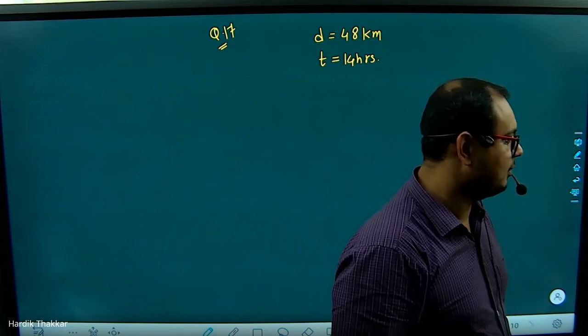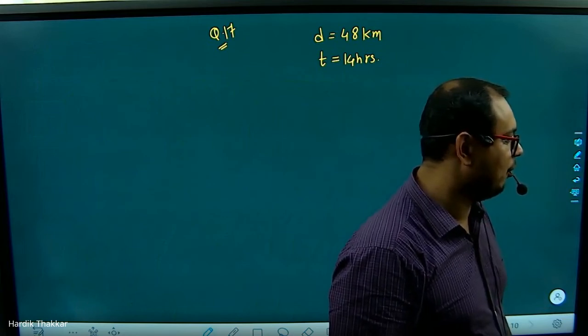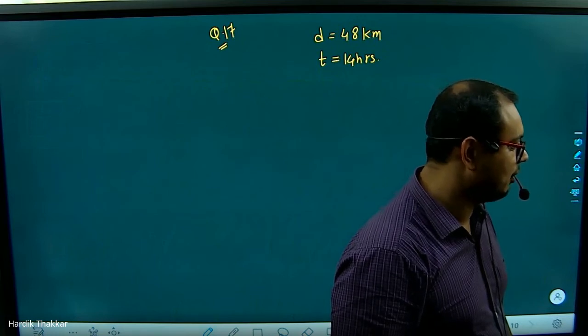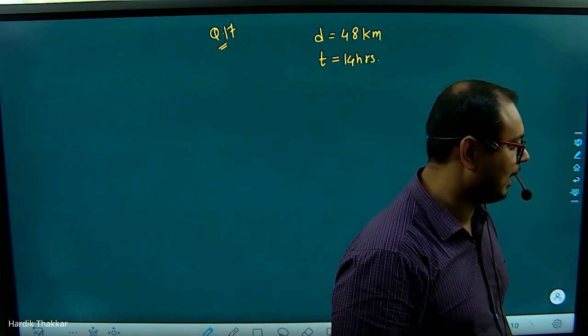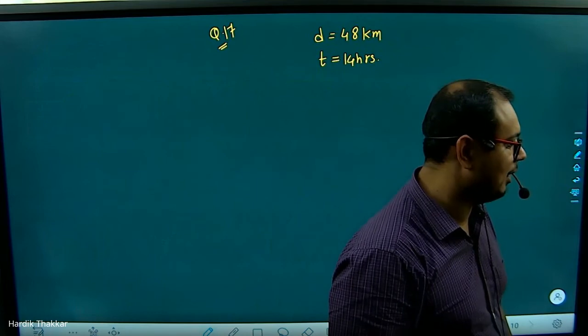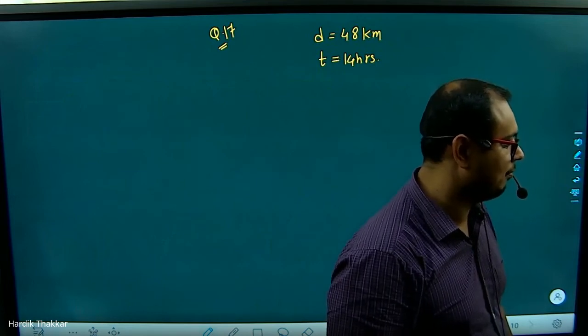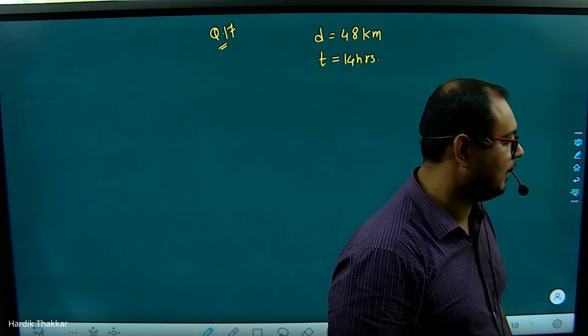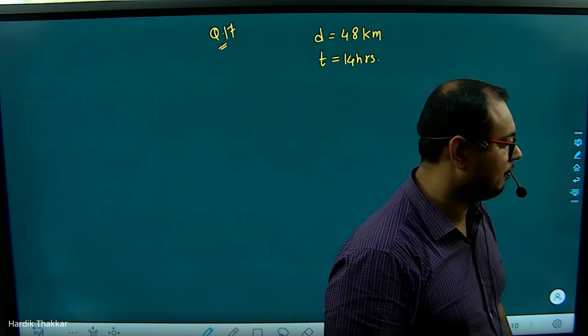He finds that he can row 4 kilometer with stream in the same time as 3 kilometer against the stream. Find the speed of the stream.